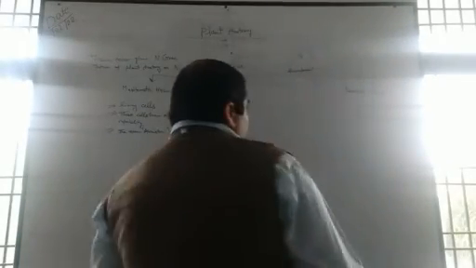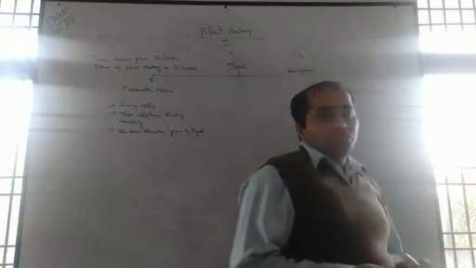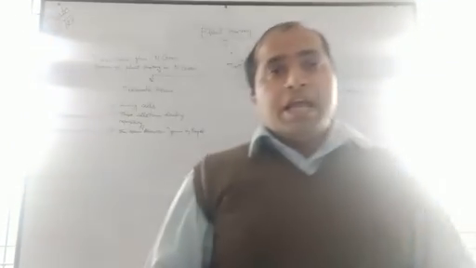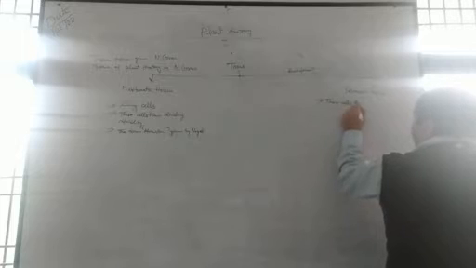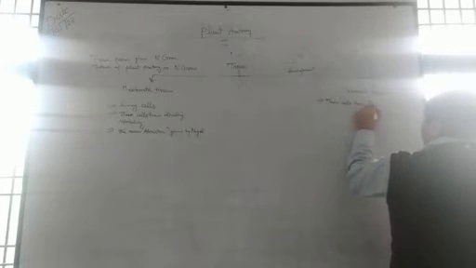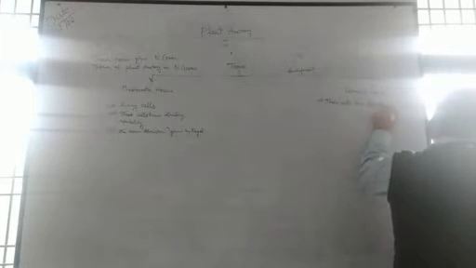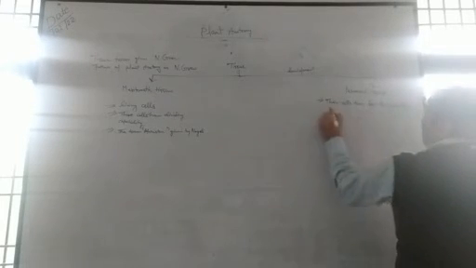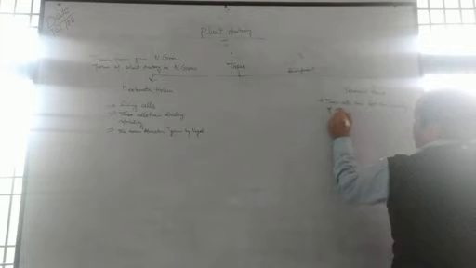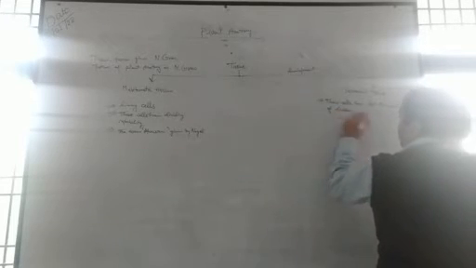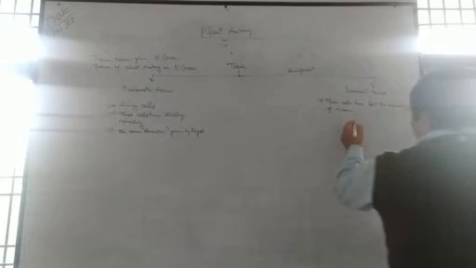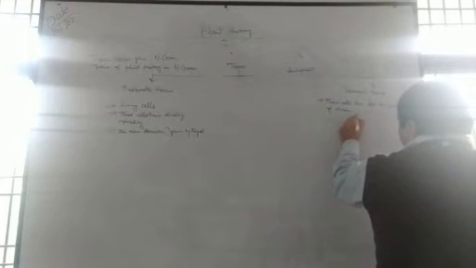On the other hand, permanent tissues are those tissues whose cells have lost the capability of division. Permanent tissues are further divided into three types.